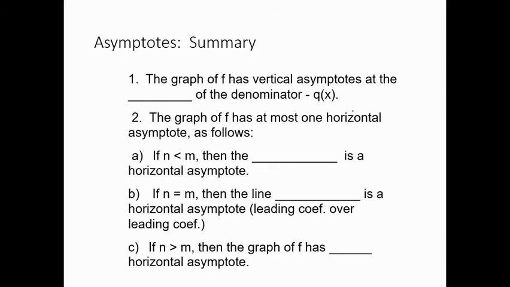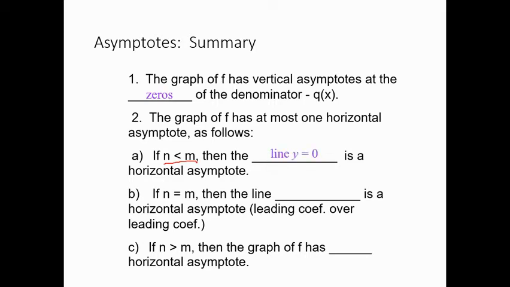All right. Asymptote summaries. The graph of f has vertical asymptotes at the what of the denominator? We worked with this in the last Ed puzzle. That's right, it's zeros. Okay, the graph of the f, if your numerator degree is less than your denominator degree, then what type of horizontal asymptote do you have?